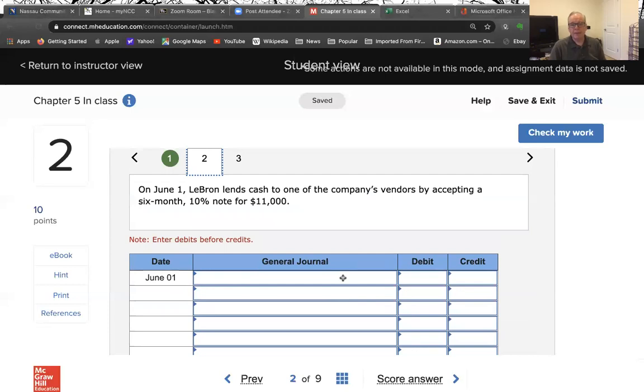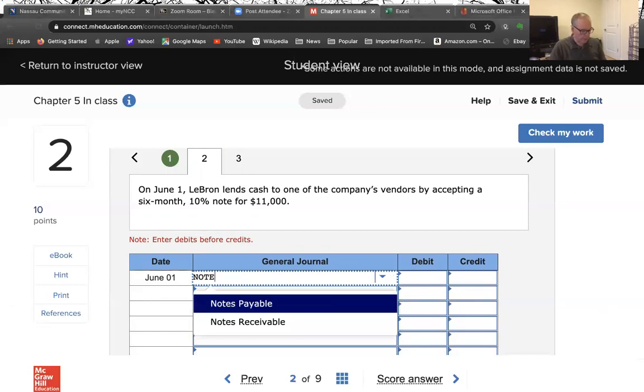Okay. Now, this is another way that notes receivable comes into being. On June 1st, LeBron lends cash. LeBron is acting like a bank. Lends cash to one of the company's vendors by accepting a 6-month 10% note for $11,000.